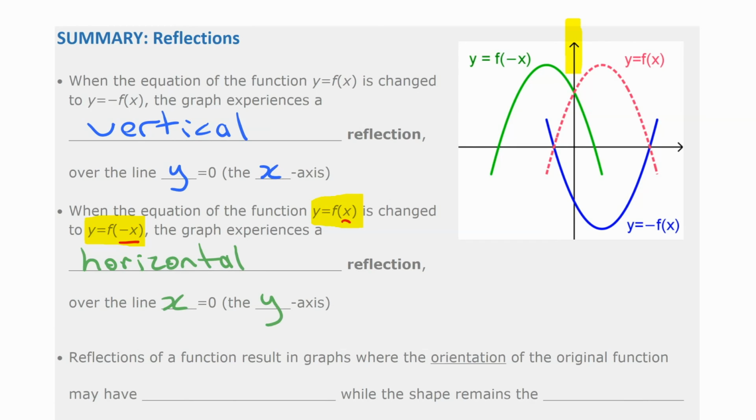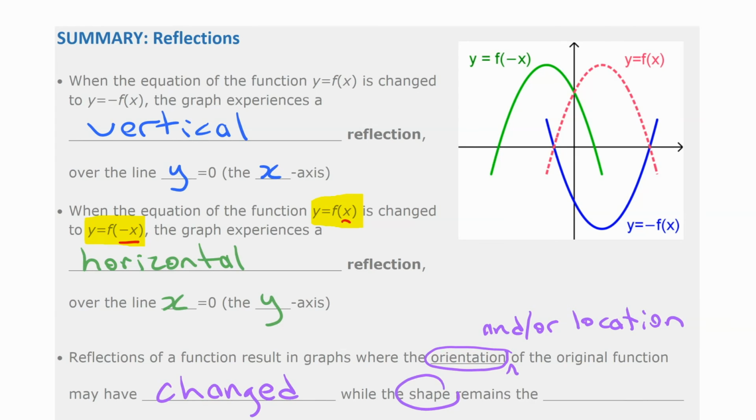The equation of the y-axis is x equals 0 because that's where x is always 0. And then the very last thing there, reflections of a function result in graphs where the orientation and or location may have changed, but the shape remains the same.